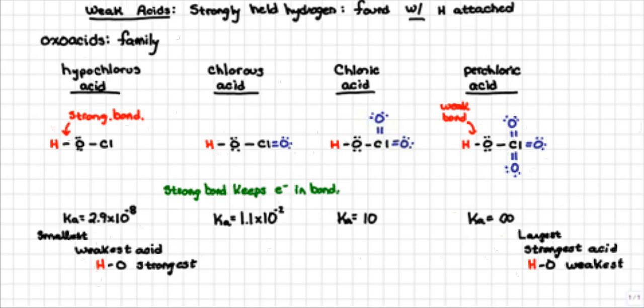So, here's what's going on. In the case of hypochlorous acid, on the left-hand side, there can be no doubt that the oxygen and the chlorine are both quite electronegative, and consequently, being electronegative, the electrons in the bond that connects the hydrogen to the oxygen are moved out of the bond just a little bit.